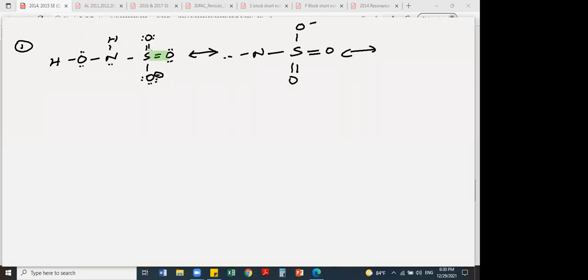Instead of the double bond in these two, you can have the double bond here and here. The other option, you can have the double bond on the upper oxygen and axial, vertically. You make the double bond here and here, and you make this side single bond O minus. That is the other one.